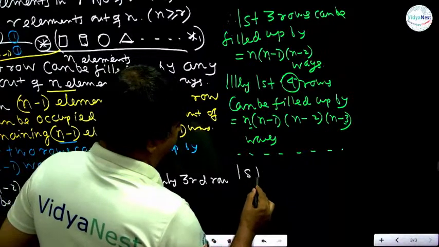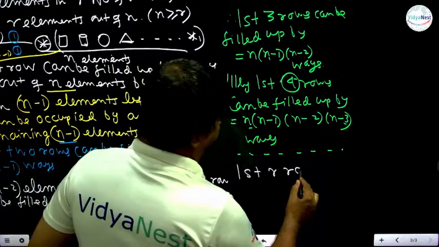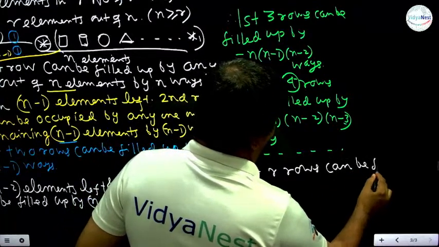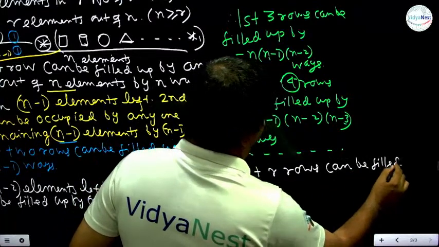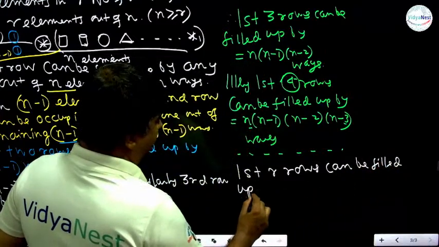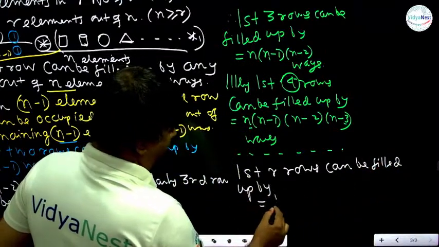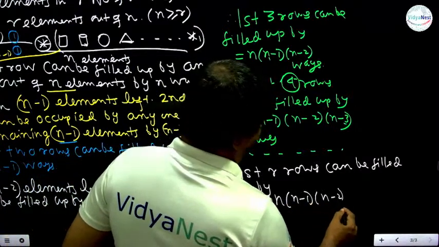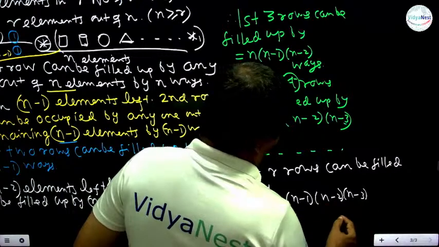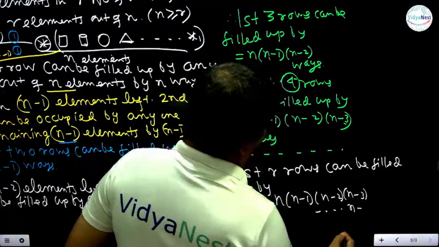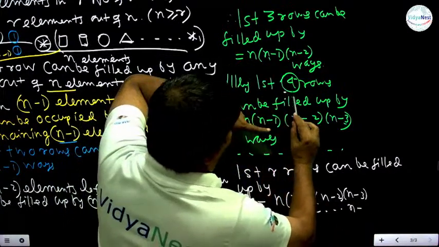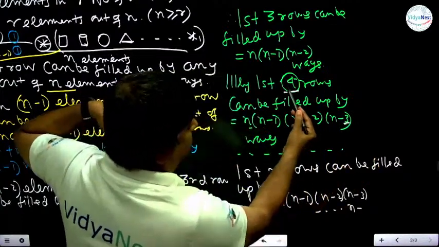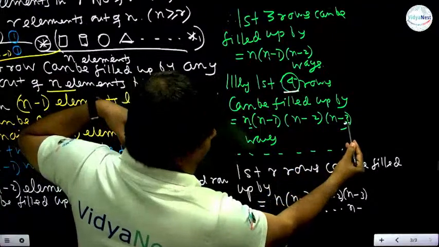the first r rows can be filled up by n, n minus 1, n minus 2, n minus 3 up to n minus r minus 1. When 4 rows were concerned, it ended with n minus 3, which is 4 reduced by 1.